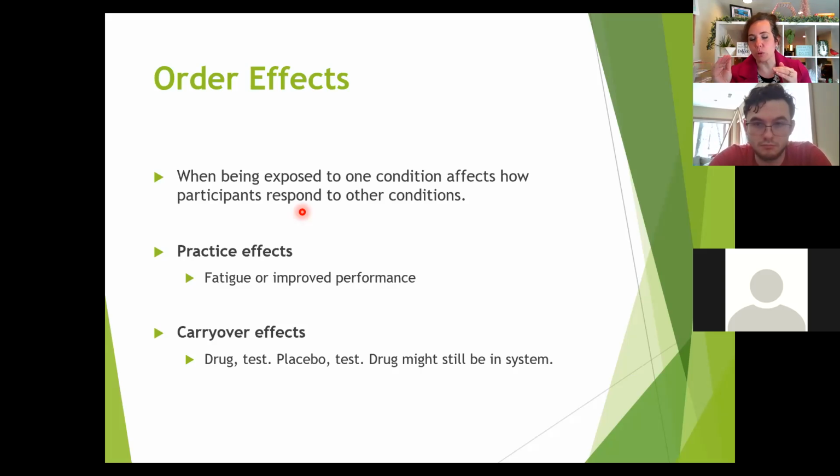So there's an improvement in your performance just because you have taken the test before. Conversely, you can get worse and worse at taking a specific test because you are becoming fatigued. So you start giving up, not paying attention, and not scoring as high, obviously, because you are getting fatigued. So the order in which this happens needs to be managed so that you are minimizing as much of this error as possible, okay?